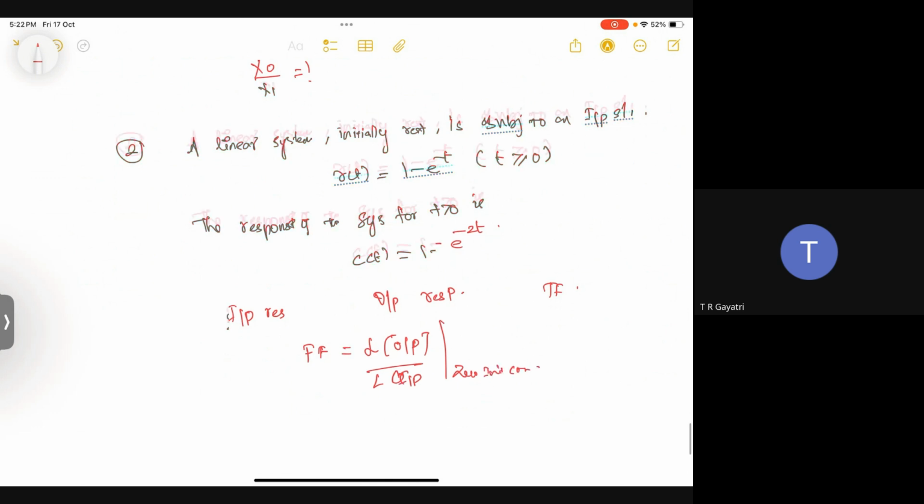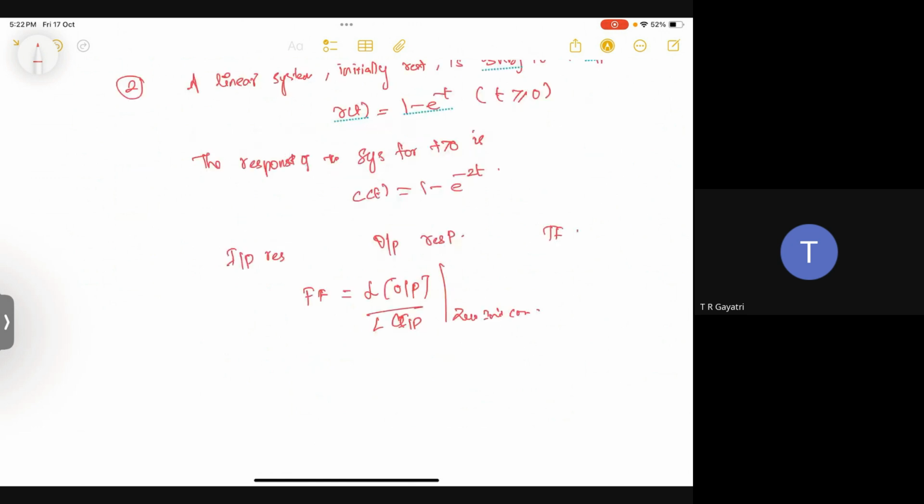That's it. First find the Laplace of both equations separately and then write it in terms of C of S by R of S. You'll get the equation. So for R of S, if I find the Laplace of R of S, it would be 1 minus 1 by S plus 1. C of S would be 1 minus 1 by S plus 2.